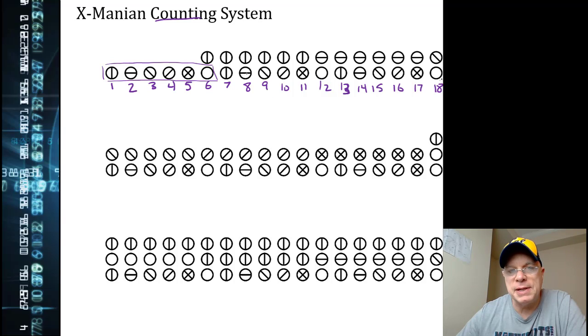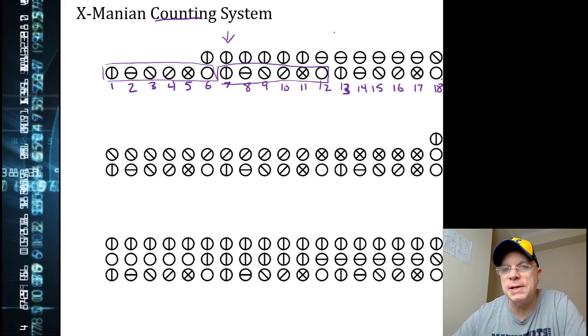We see a repeating pattern of these 6 symbols, but then there's something going on up here. We'll talk about what that means, but the fact that there are 6 symbols that get repeated is very similar to our number system, where we have 1, 2, 3, 4, 5, 6, 7, 8, 9.